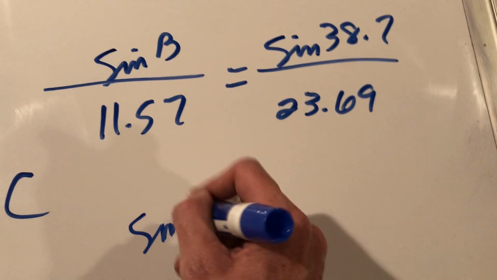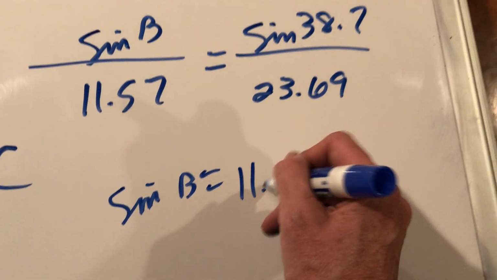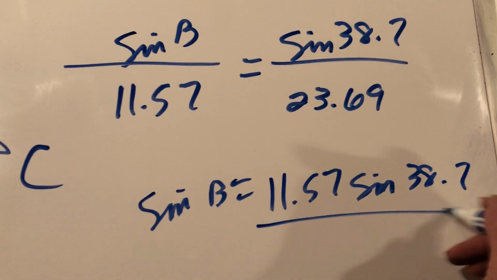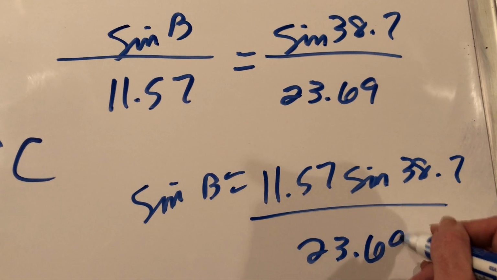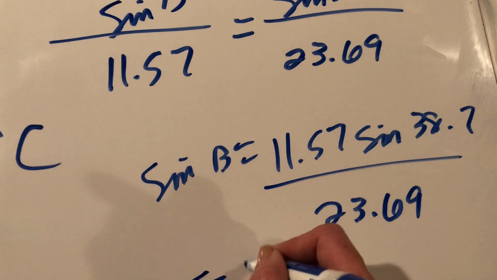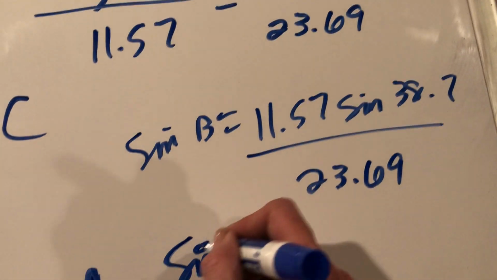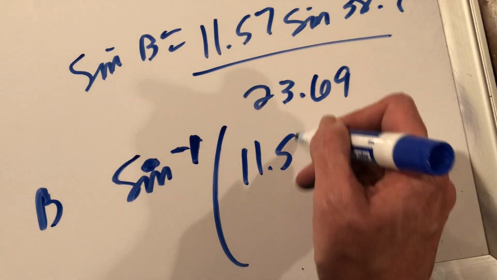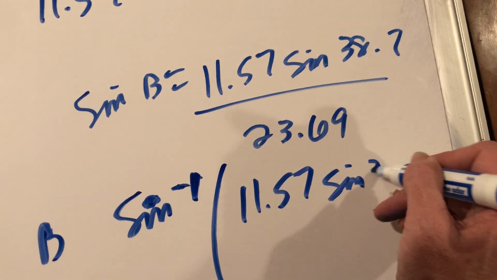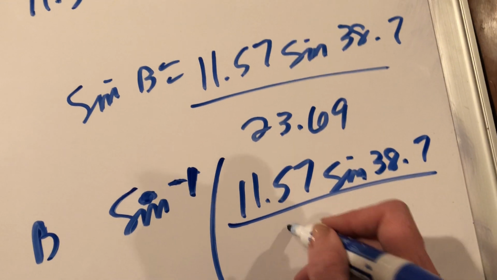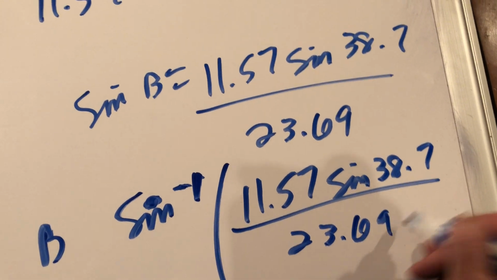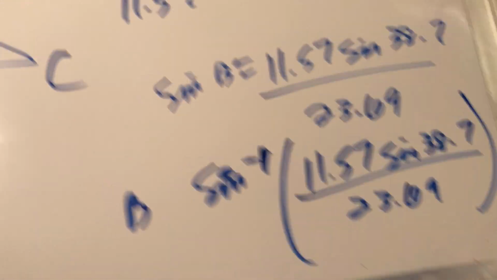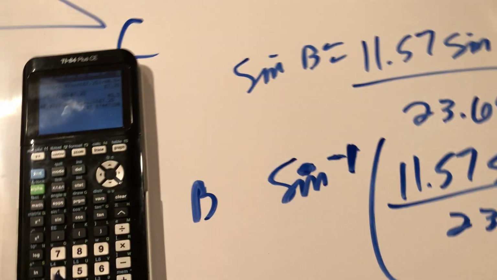So again, one move needs to be made. It's the 11.57. It needs to go in front of the sine. And then inverse sine. So B is going to be the inverse sine of all of this stuff. And then we'll type it on the calculator.